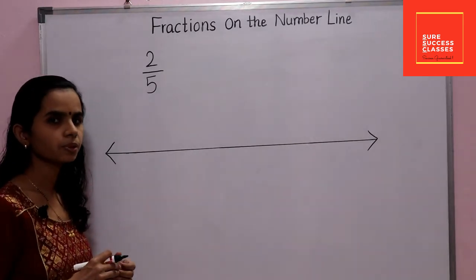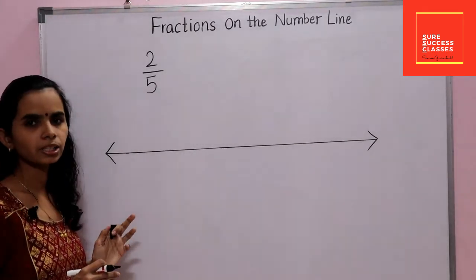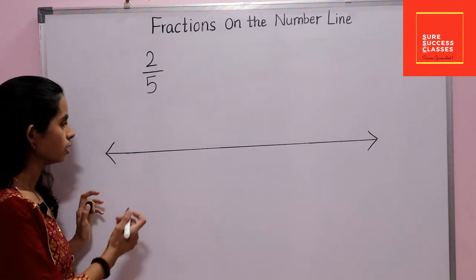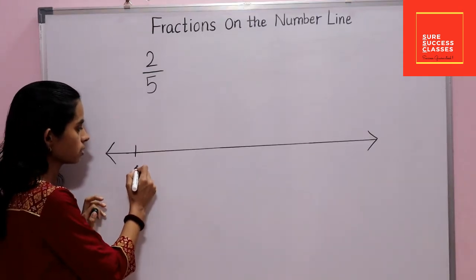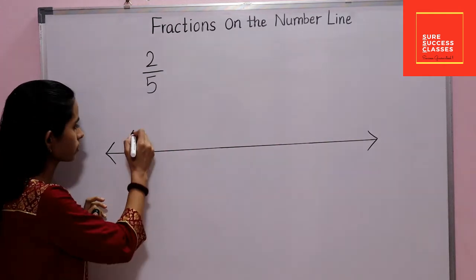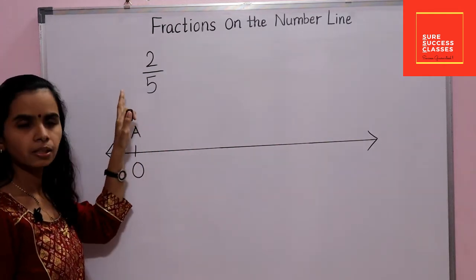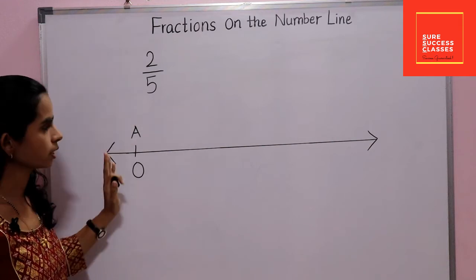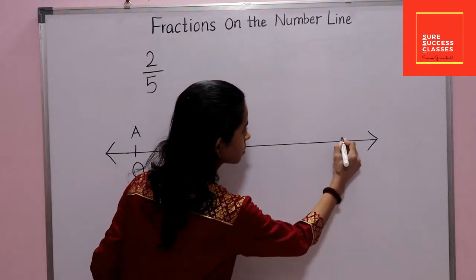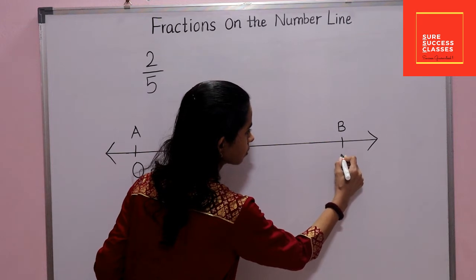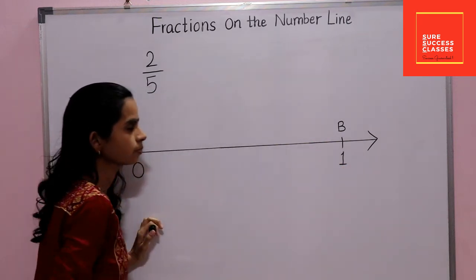Students, in this example, we will place this fraction on the given number line. So let's go for it. Here first we will place 0 as point A, and there is no whole part in this fraction, so we will place point B for whole number 1.